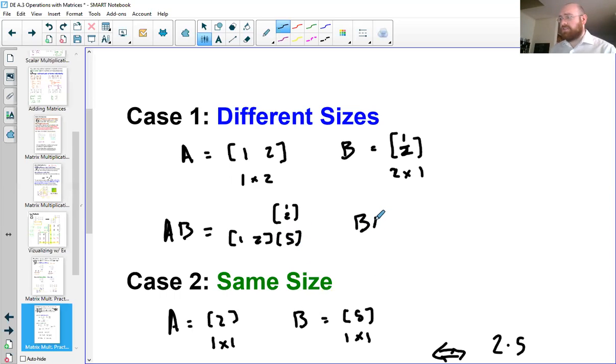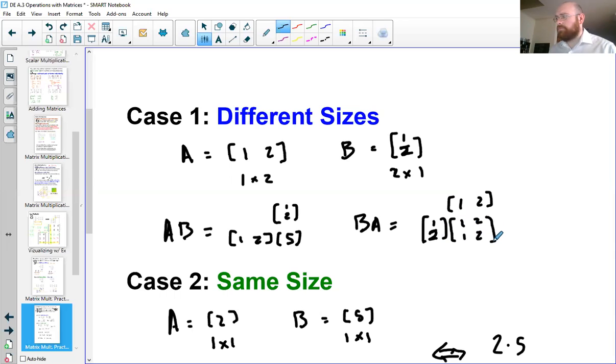If we change these, then we would have 1, 2 along the right, and the row now is 1, 2. I'm writing it incorrectly. And then we get 1 times 1, 1 times 2, 2 times 1, 2 times 2.